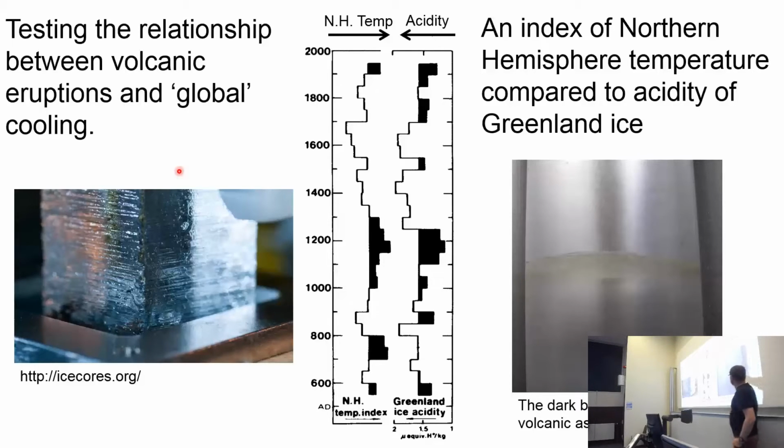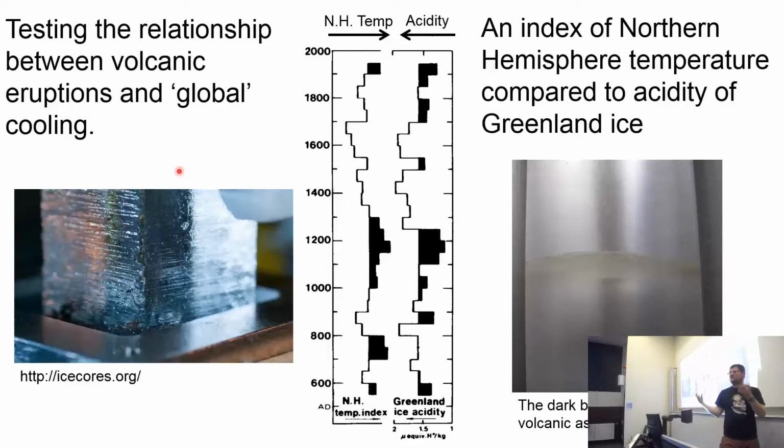You might just be able to make out there's this layer, this is an ice core that looks a bit dusty. What this is doing is looking at the products of volcanic eruptions that are a long way away, get blown over Greenland, and we get some record of the acidity of the ice.